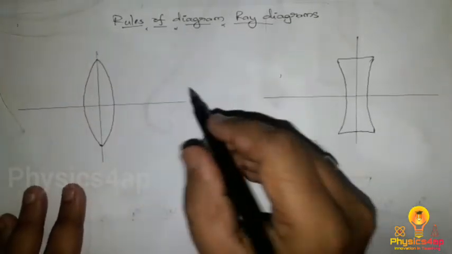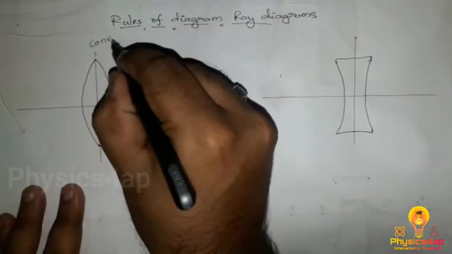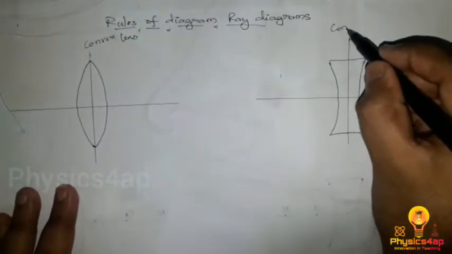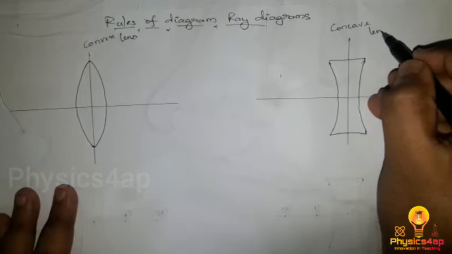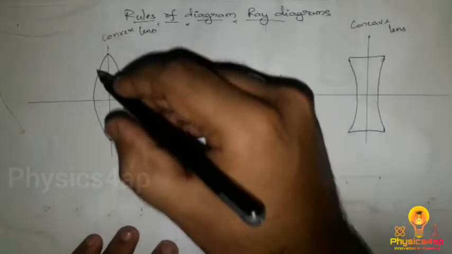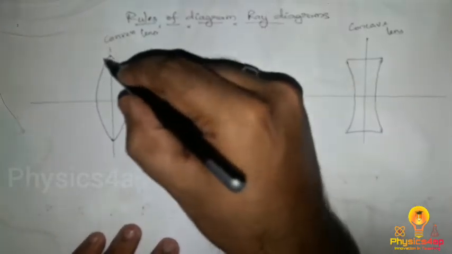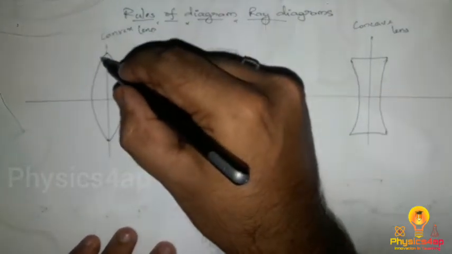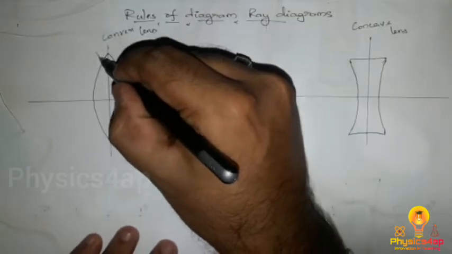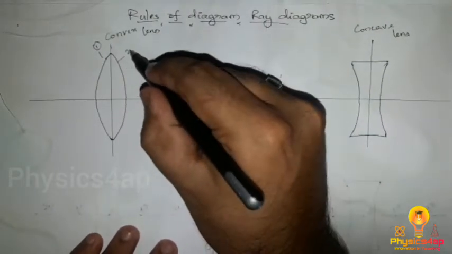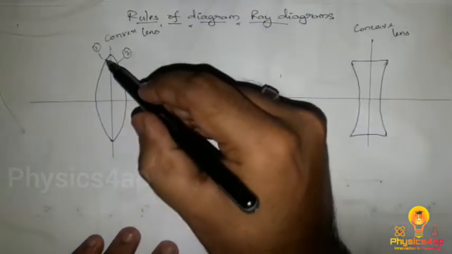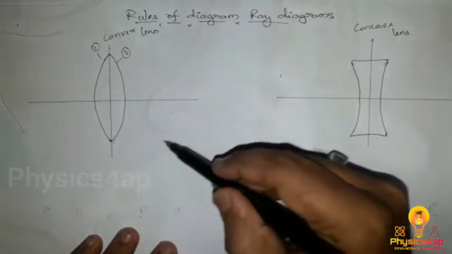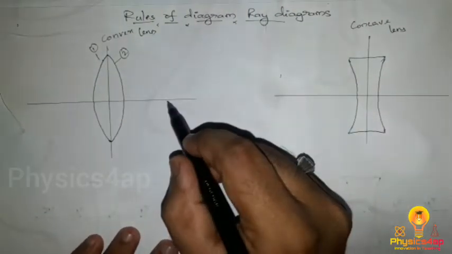Here we have a convex lens, and here we have a concave lens. If we see here, we have two curved surfaces. This is the first curved surface and this is the second curved surface. If we assume the first curved surface as a sphere, the center will be on this side.